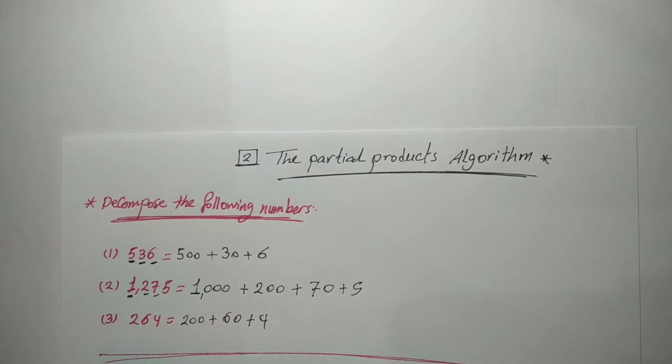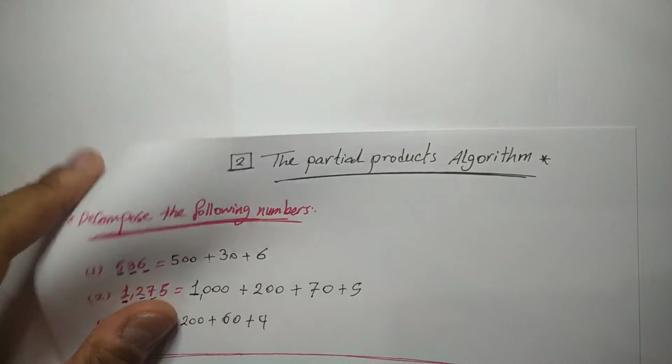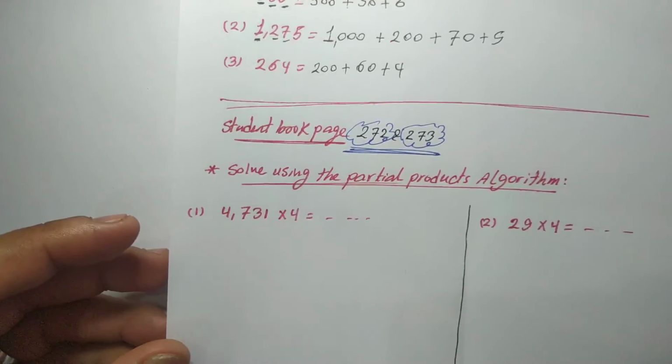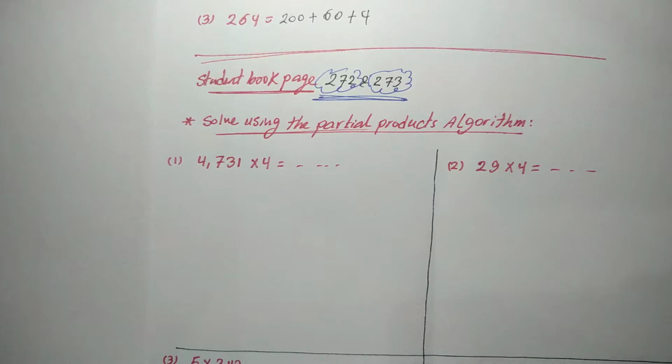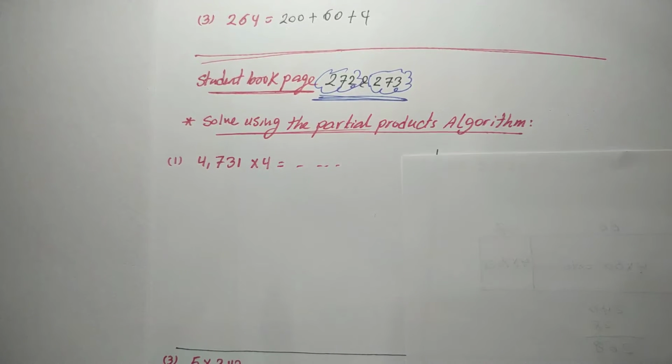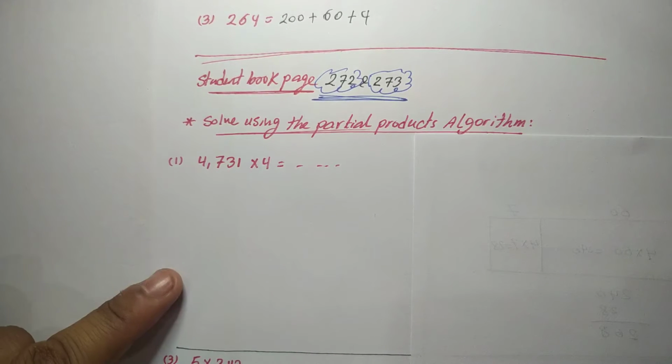The partial product algorithm. The first example from the student book. Also, the first example is here.